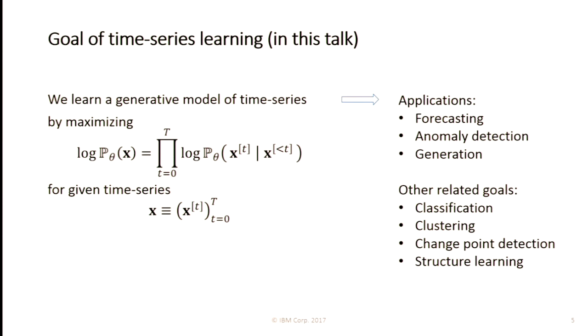So typically we study Boltzmann machines that can represent this kind of conditional distribution. Applications of this generative learning of time series are forecasting or anomaly detection, or generating new time series, such as music or documents. Other related goals, like classification, clustering, change point detection, or structure learning from time series, need a little more work, but are based on this generative learning of the time series.